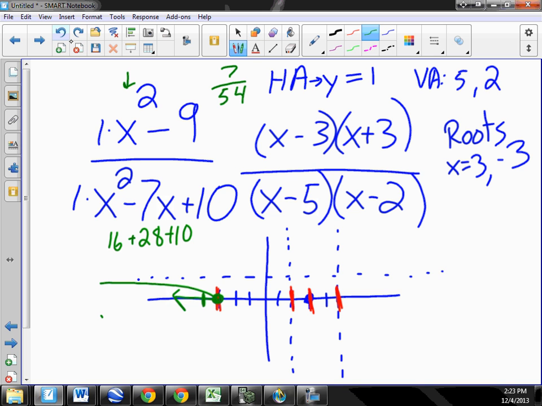I'd plug in -2 would work. There's an easier number. 0 would work. Yeah, 0 is in the interval between those two critical points. So I plug in 0, and I get -9 over 10, which is negative. So it does look like this.